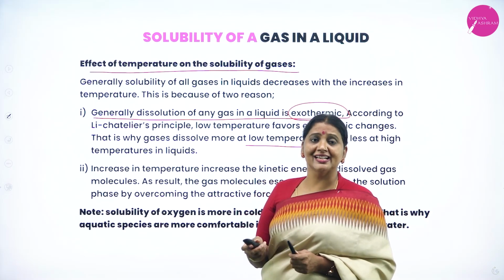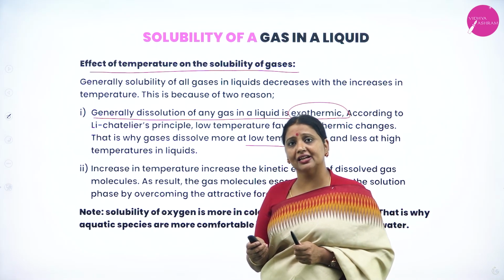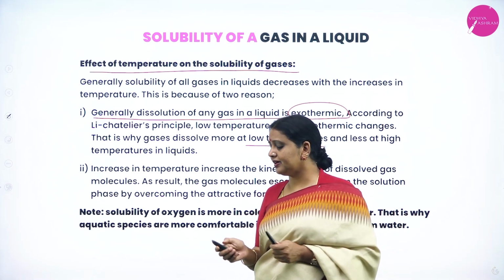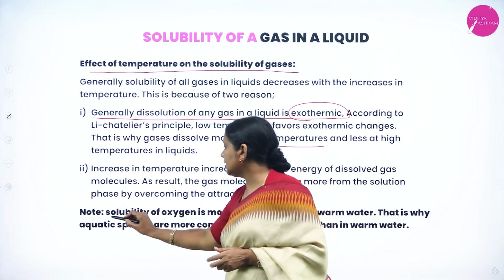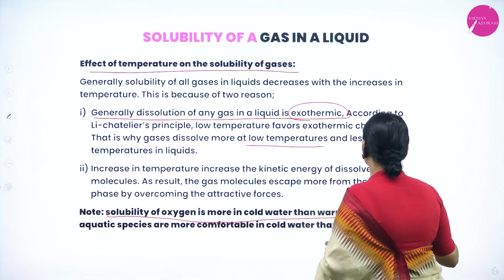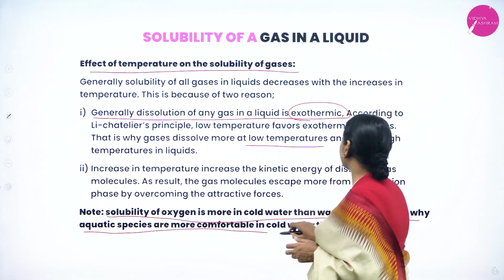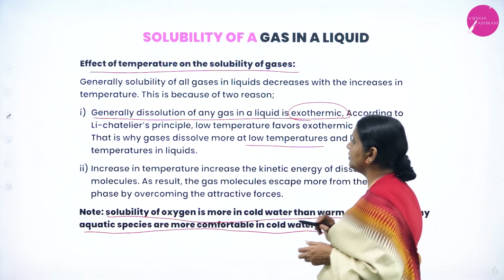Therefore, if you want to increase the dissolution of a gas in liquid, you must decrease the temperature rather than increase it. Note, solubility of oxygen is more in cold water than hot water. That's why aquatic species are more comfortable in cold water than in warm water.